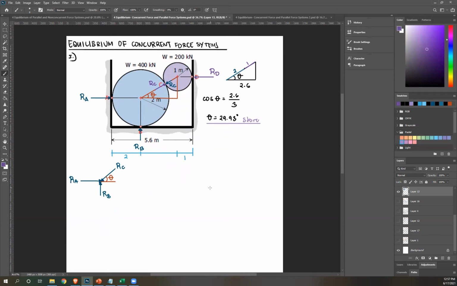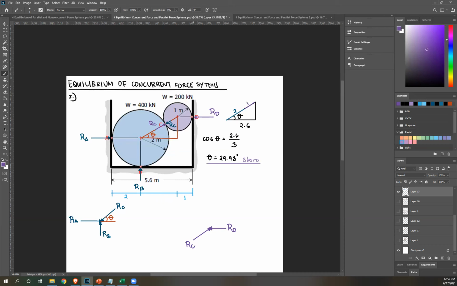Once again, we have RC, and then we have RD. Don't forget, we also have weight. Weight is always downward.